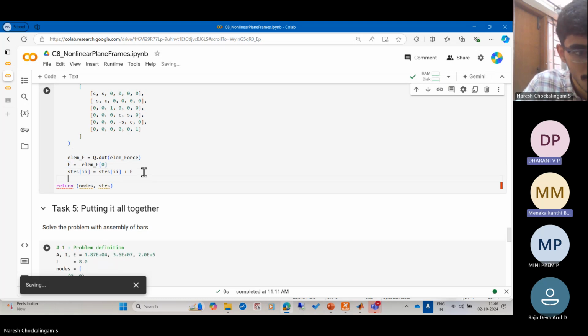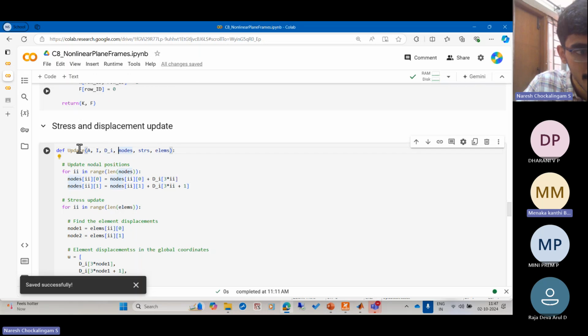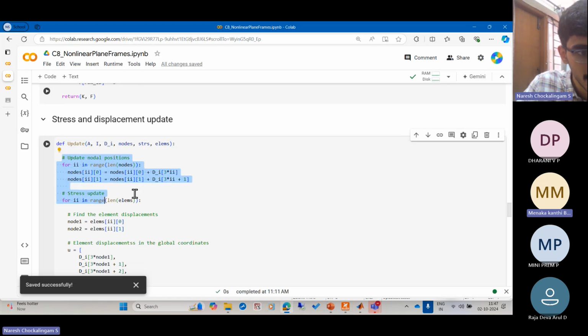There's a gap between parenthesis and return. That's why you said. Yeah, but that doesn't seem to be an issue. Update is fine. This is where the function is starting. Stress update. This is a colon. Then here A is fine.